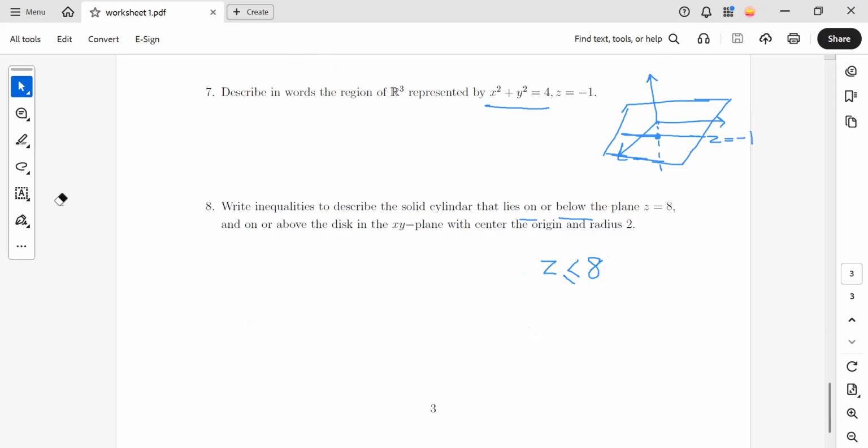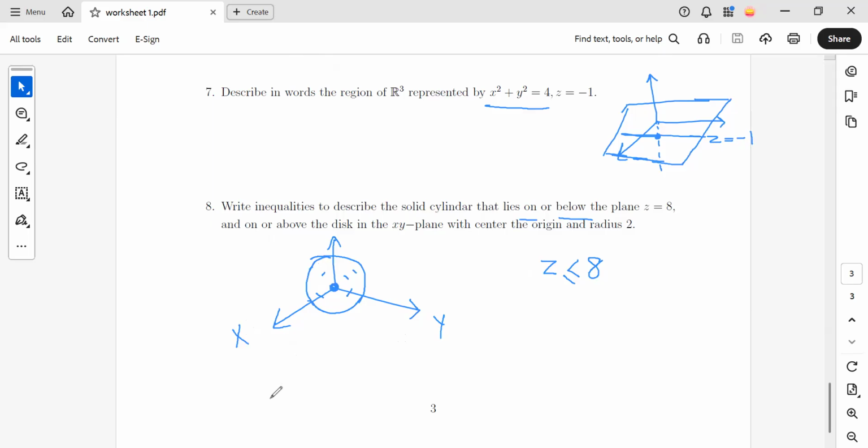Next part says, and on or above the disk in the xy plane with the center at the origin and the radius 2. So this is the xy plane, this part here, with the center at the origin and the radius 2.